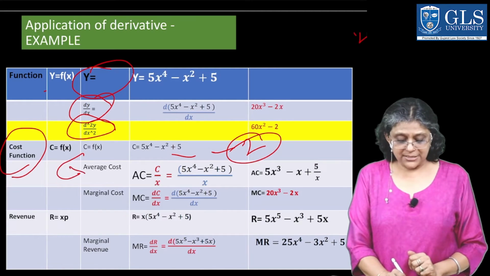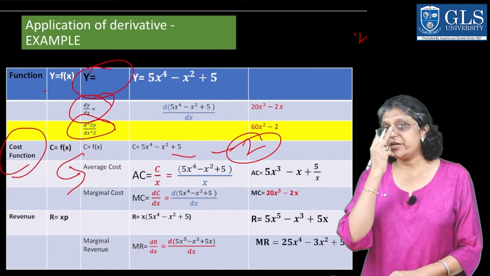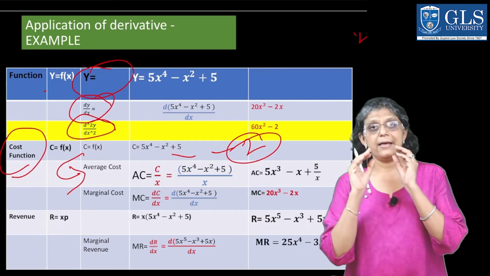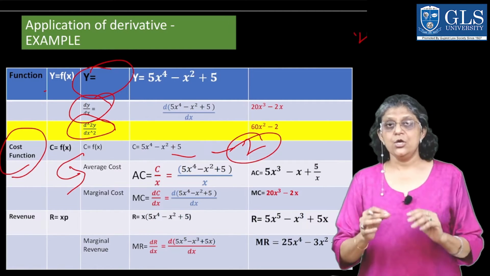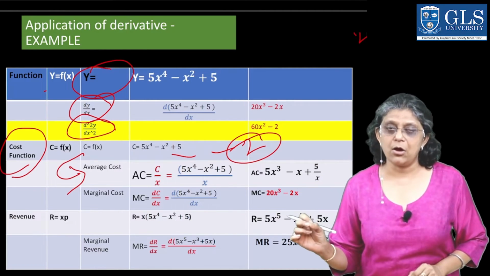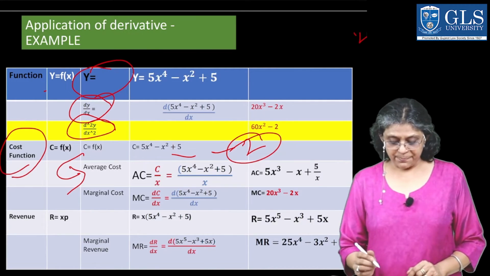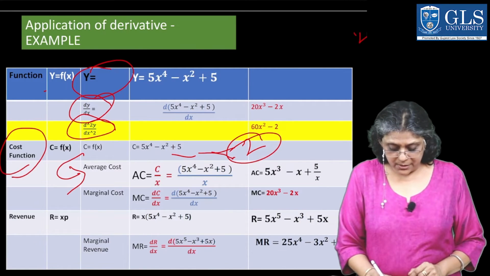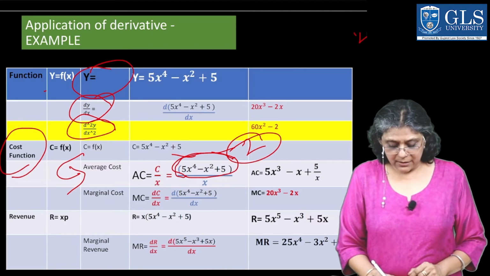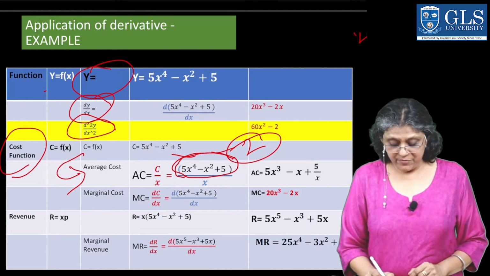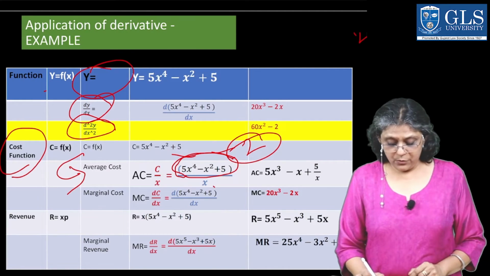They want to ask you the average cost. What did I tell you about average cost? Cost function divided by x. So each term in the cost equation will be divided by x. If you observe here, this is my C equation. I am dividing it by x. So what do I get?